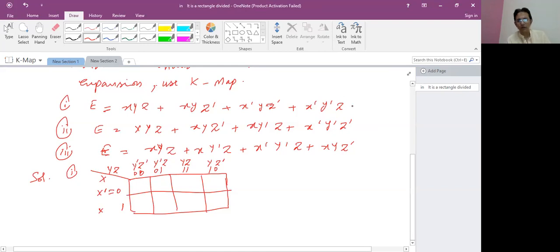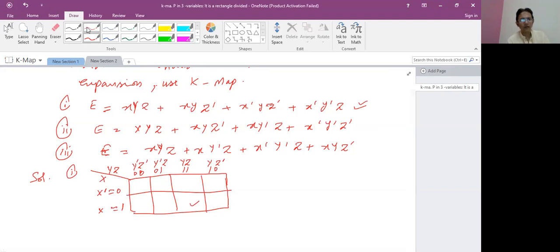So for the first Boolean expression, we find the minimal sum. The first term is x y z, represented by 1, not a mark sign.